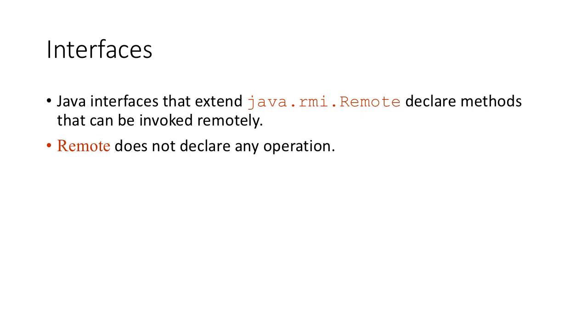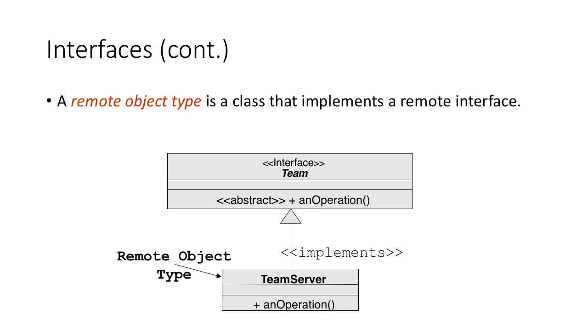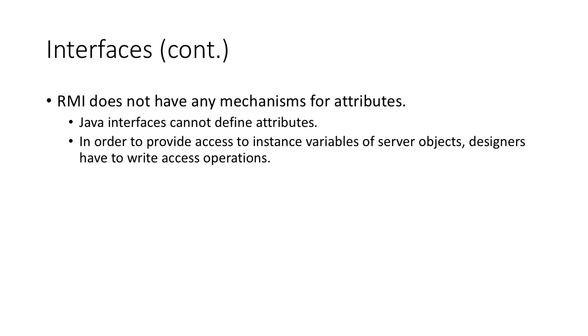The remote interface doesn't have any particular operations. The remote object is an instance of something that implements the remote interface. That's a class that essentially has its own list of operations that you may like to implement.